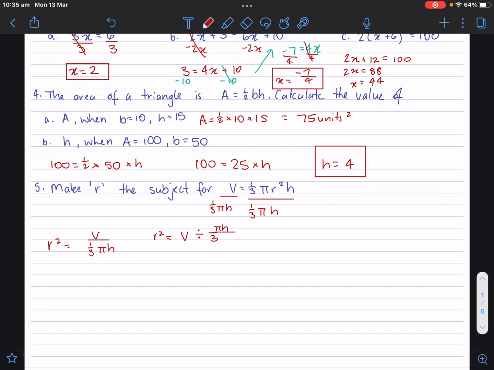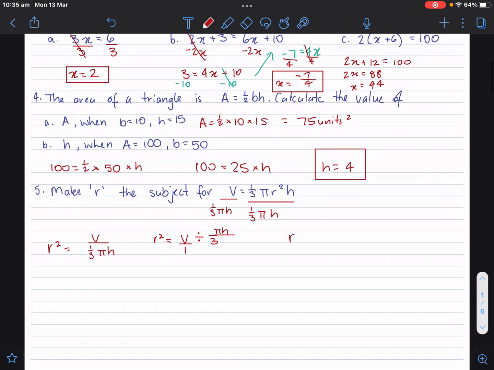Now, when we divide fractions, we flip the last one and we multiply. So this V is going to be over 1. So now we have R squared equals V over 1 times 3 over pi H. And when we simplify that, you have 3V over pi H. Now that I've simplified that, I can get rid of the squared.